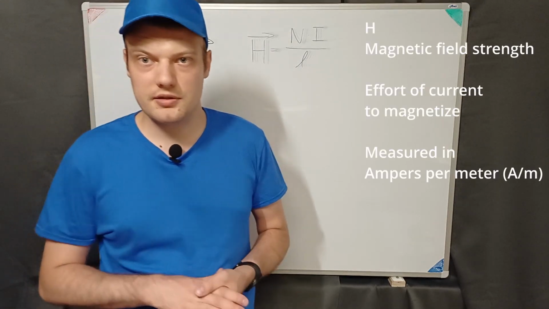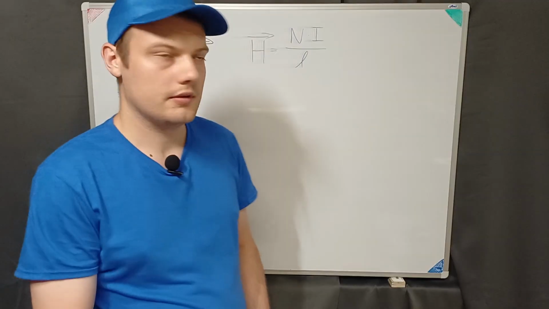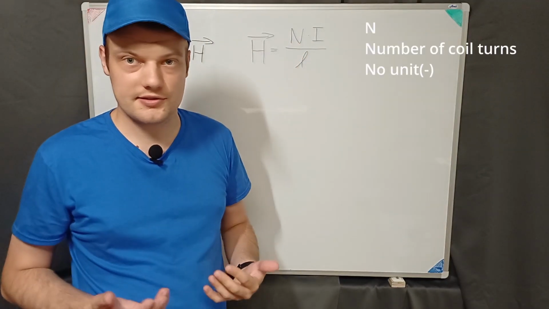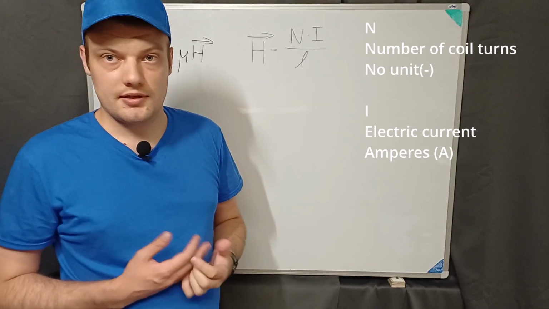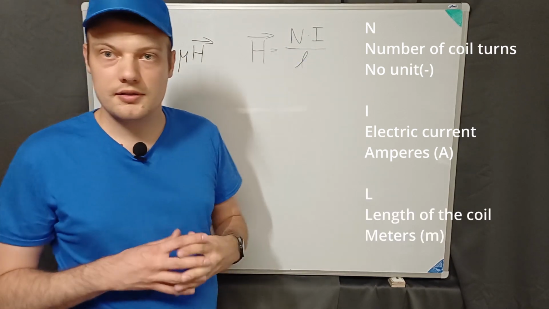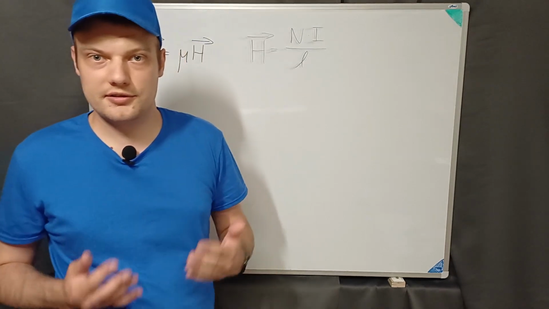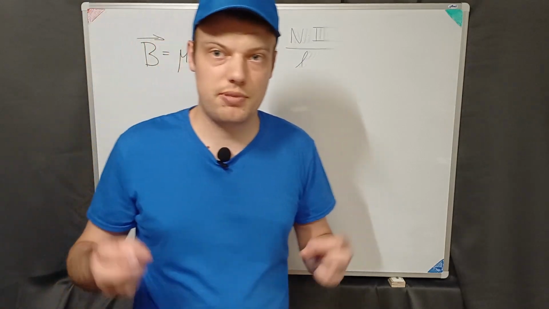Measured in amperes per meter, it's calculated like this. Here, N is the number of coil turns, I is the current, and L is the length of the coil. The more turns and the more current, the stronger the magnetic push.